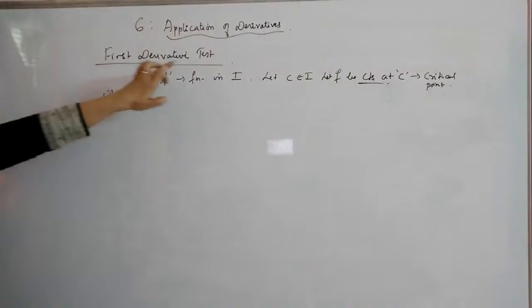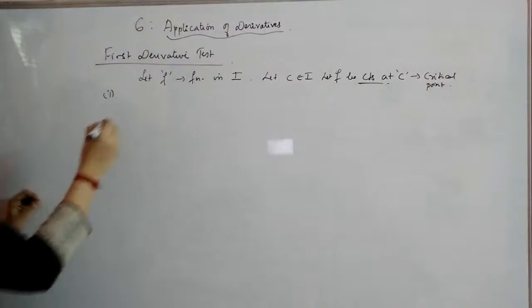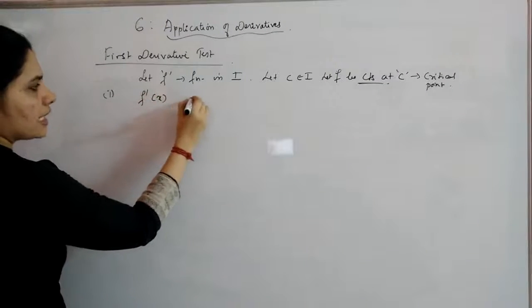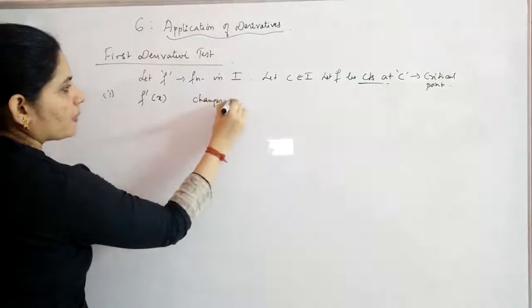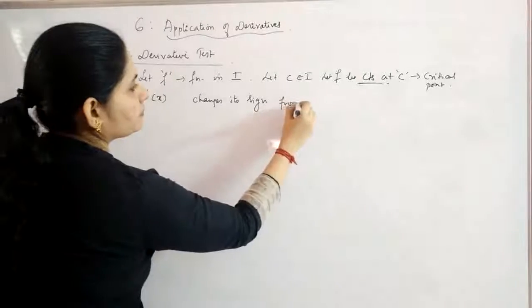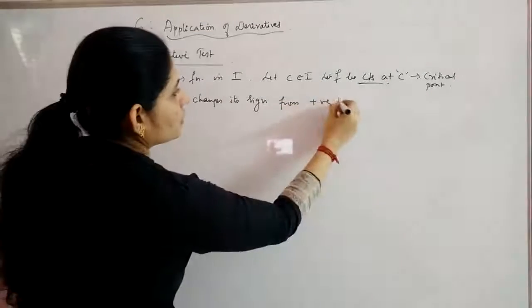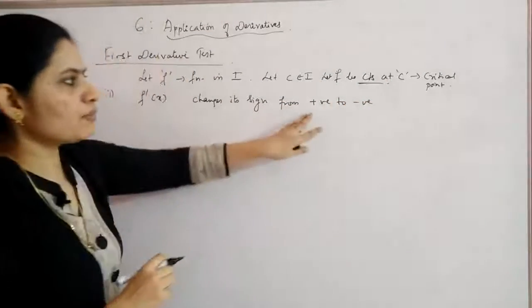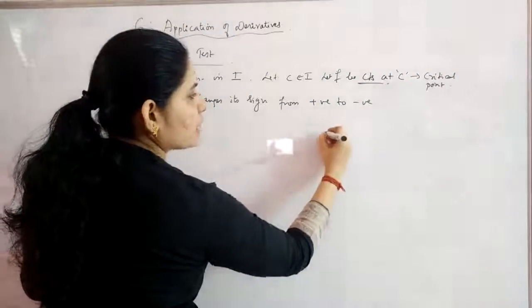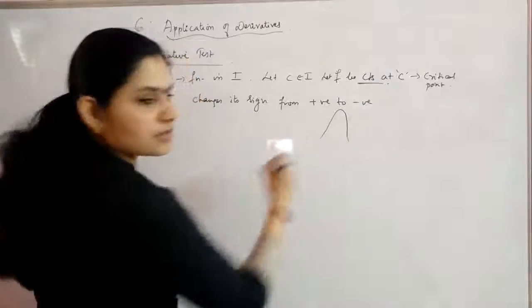Now what the first derivative test says is, if f dash of x is changing its sign from positive to negative. When they say positive to negative, you just draw the figure, and you will get an idea. Positive means f dash will go like this, to negative means it will come like this.